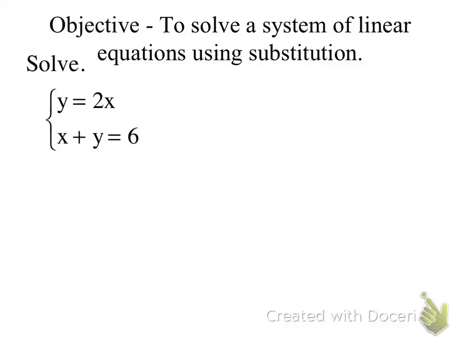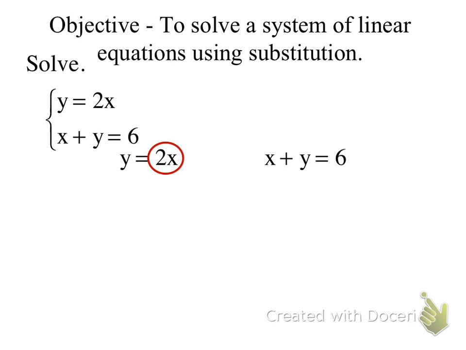All right. We use substitution when it's easy to get one variable alone. Of those 2 equations, is there a variable alone? Rogelio? The y. So, if y equals 2x, then anytime I see a y in any equation, I could substitute a 2x.